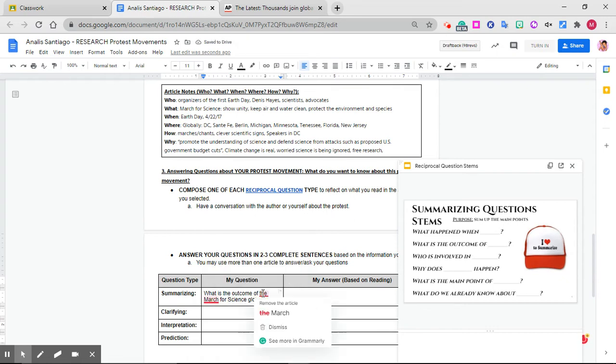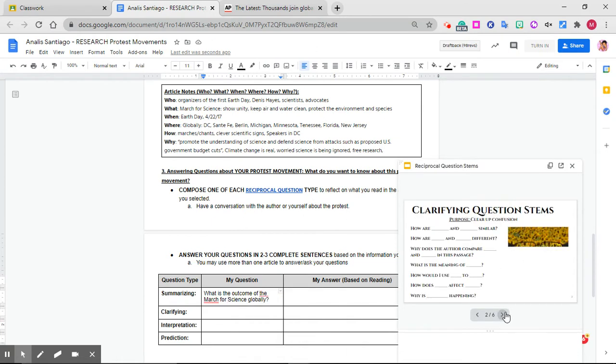Next thing I'm going to do is come up with a clarifying question. So I'll go to the next. So I'm going to compare and contrast, or maybe think about the meaning of something or how things affect each other or why things are happening.